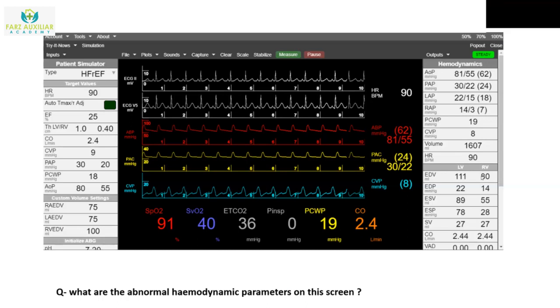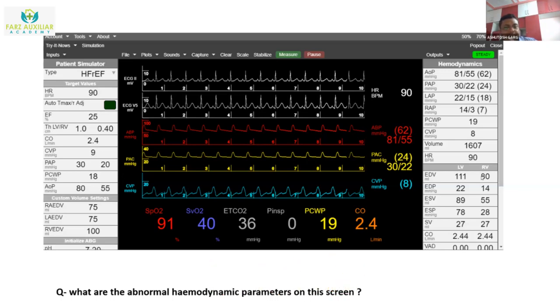Sir, hypotension, sir. Before starting with the abnormal hemodynamic parameters, I should ask you, what is your interpretation till now? Sir, patient is in acute MI with cardiogenic shock.